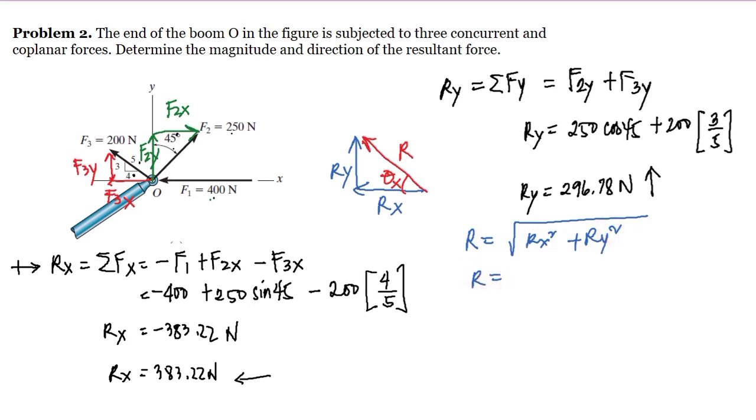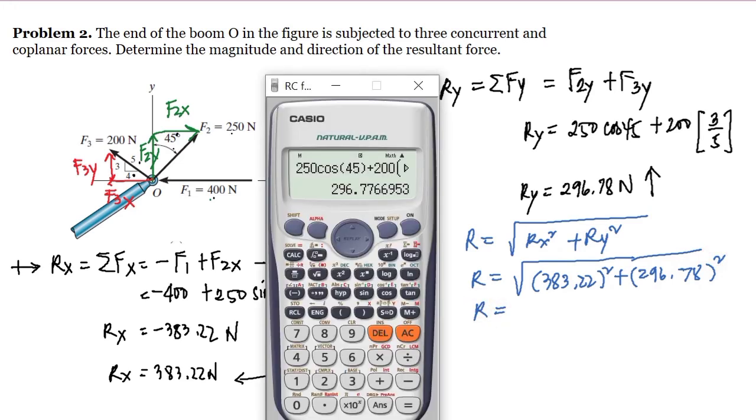So, the resultant R is equal to the square root of 383.22 squared plus 296.78 squared.